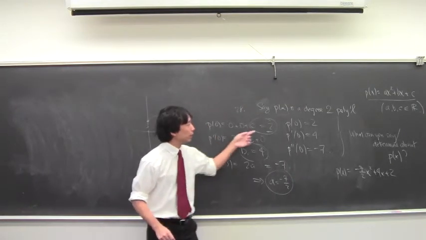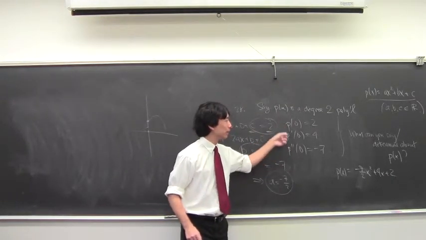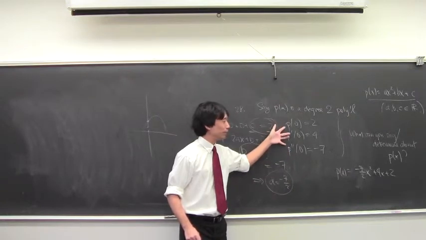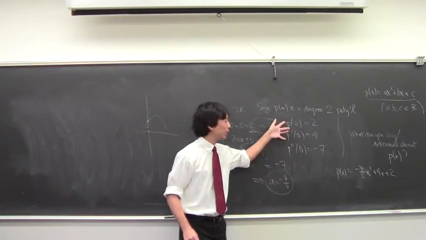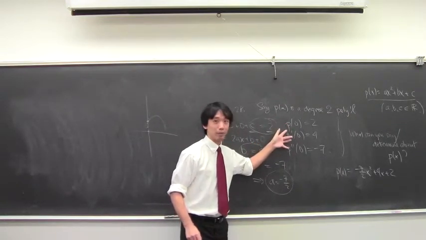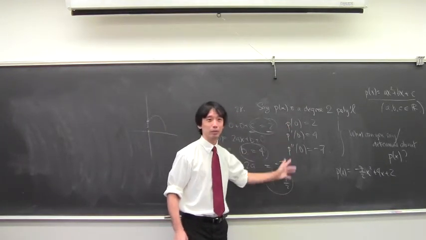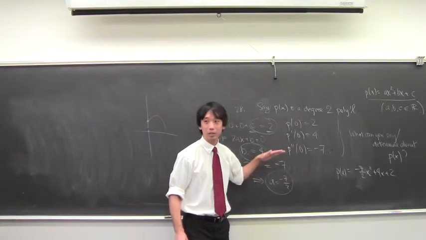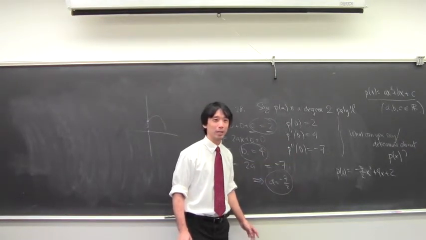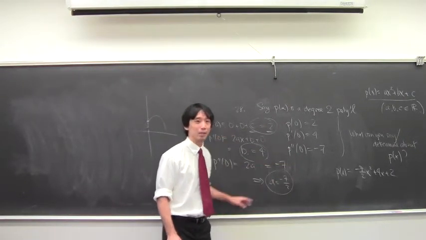Suppose you knew all the derivatives. If the polynomial is of degree 10, and you had up to the 10th derivative evaluated at 0, you'd still be able to figure out exactly what that polynomial is, in exactly the same way.